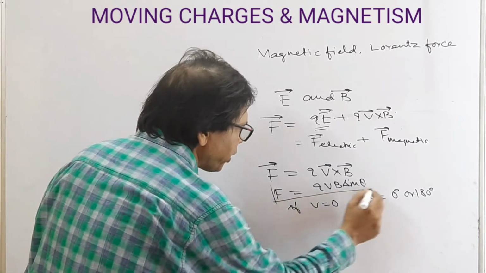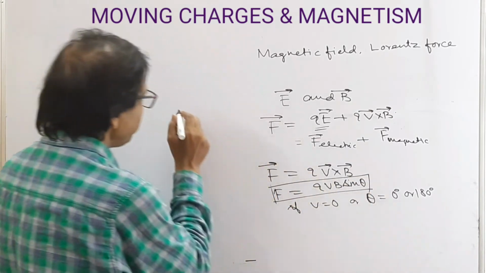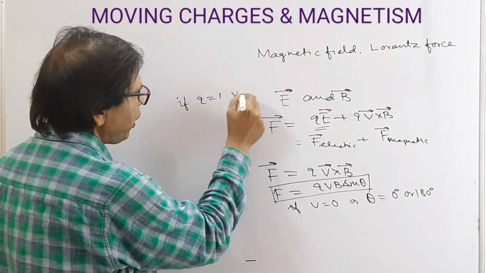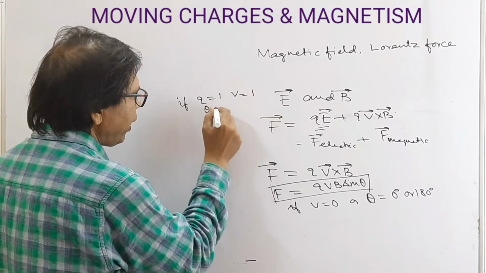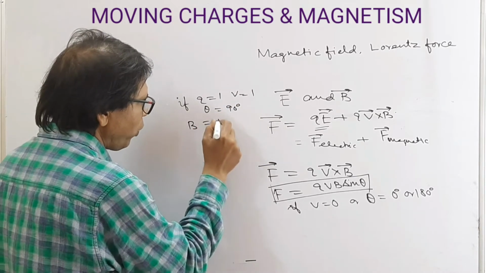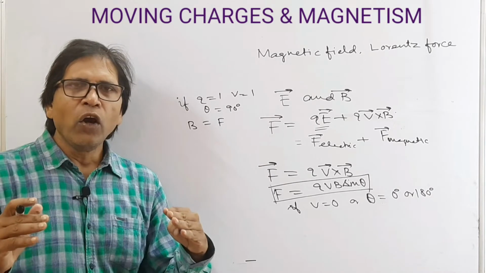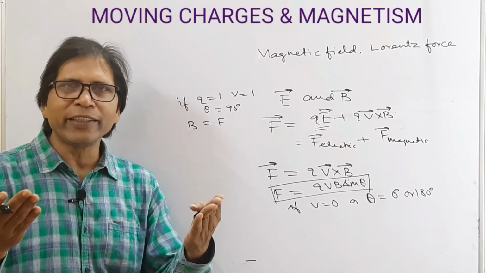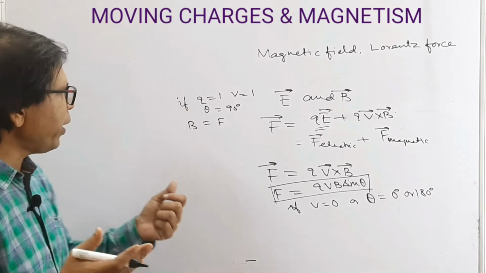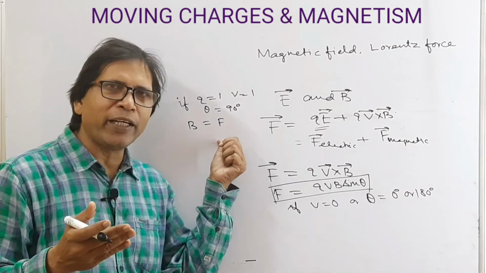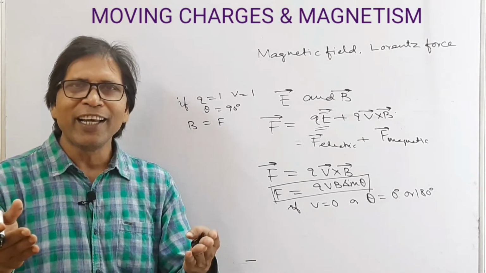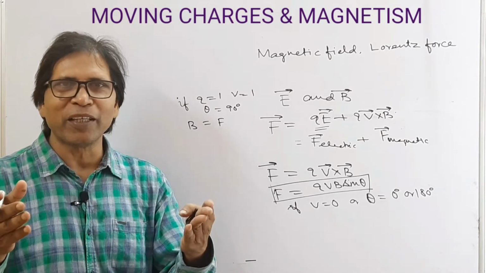From this equation, if Q equal to 1, V equal to 1, theta equal to 90 degree, then B equal to F. That is, when a unit charge moves with unit velocity perpendicular to the magnetic field, then force experienced by the charged particle is the magnetic field.